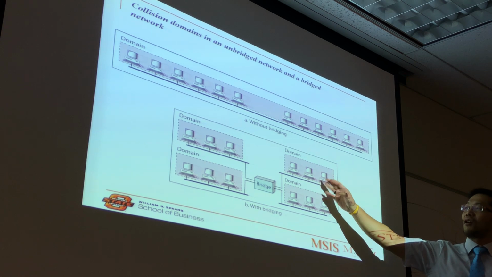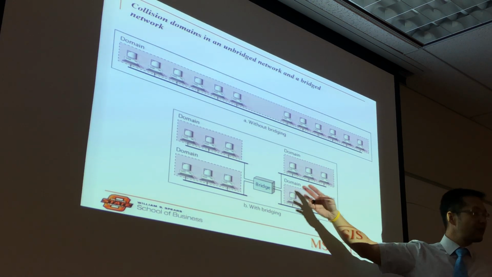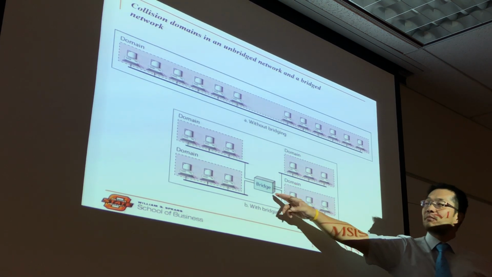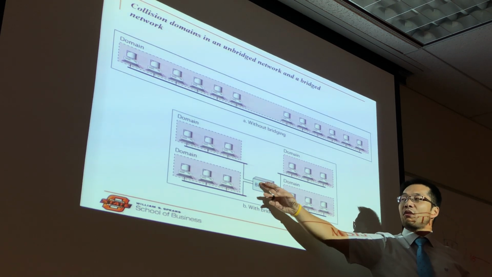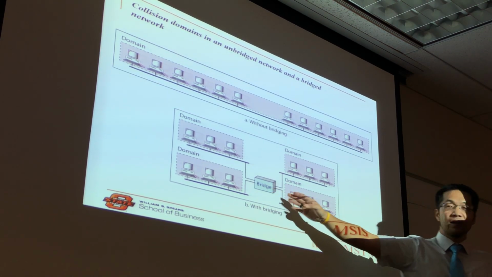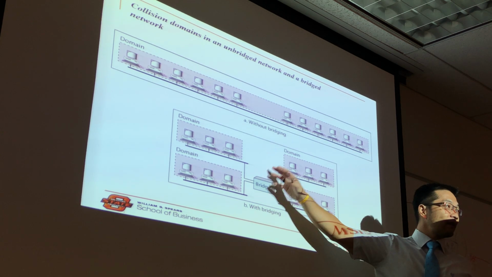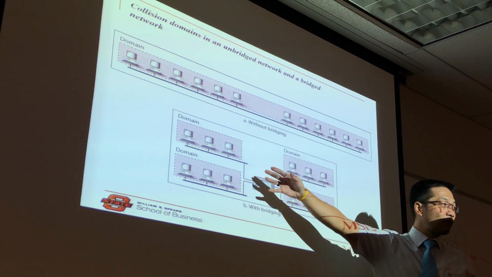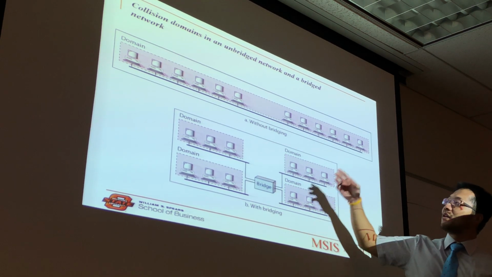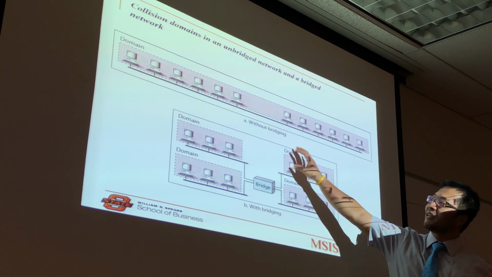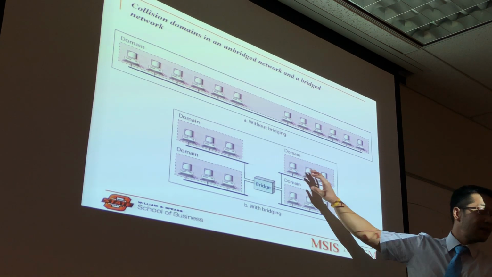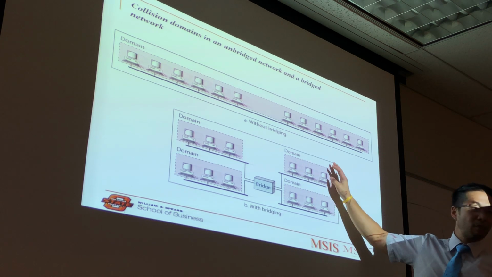But that collision does not have to be heard by the other part, because you can put a device called a bridge or switch that will selectively forward the frame to other parts of the network. So the collision can be contained within the domain here, and that's why you call this a collision domain.